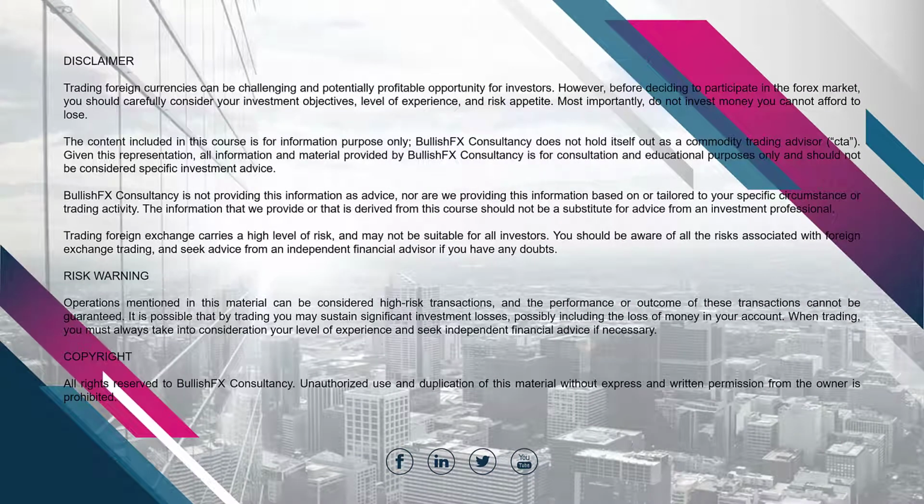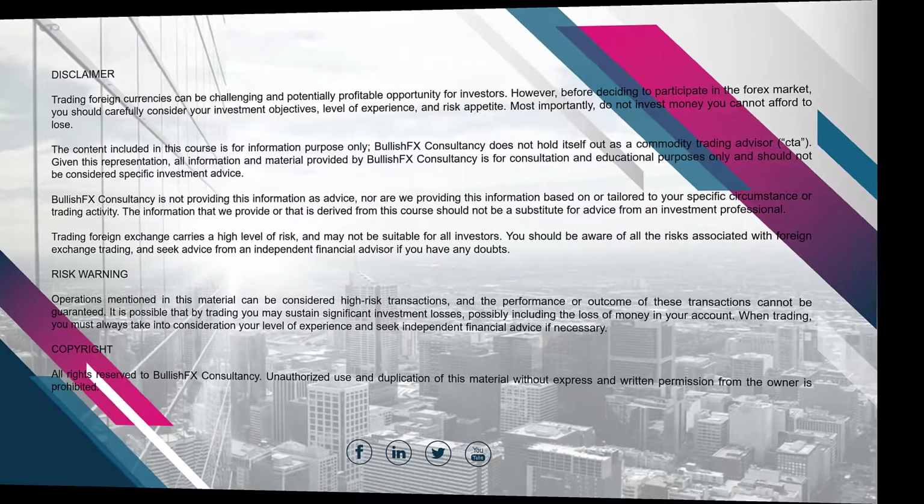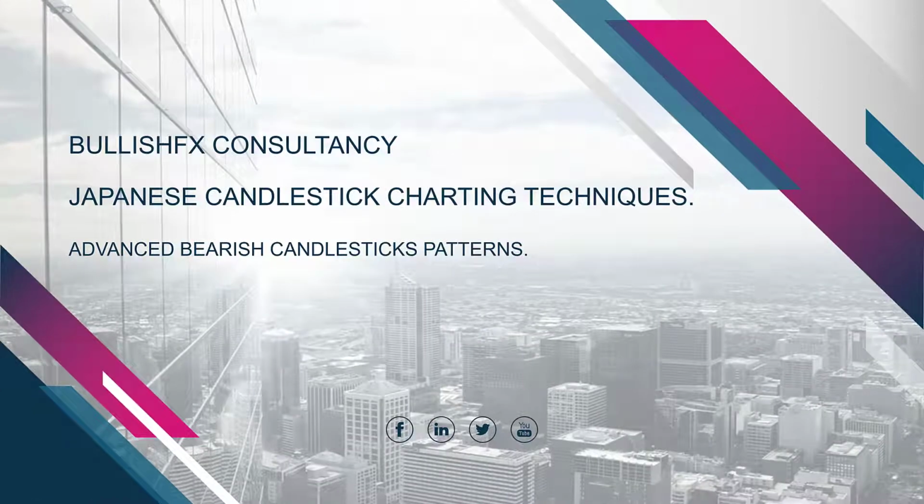Welcome back. We are continuing with our section on advanced candlestick types, and in this section we're going to be looking at advanced bearish candlestick patterns.